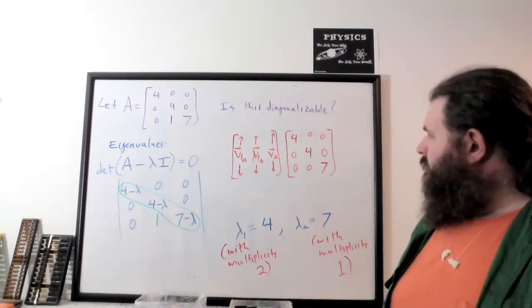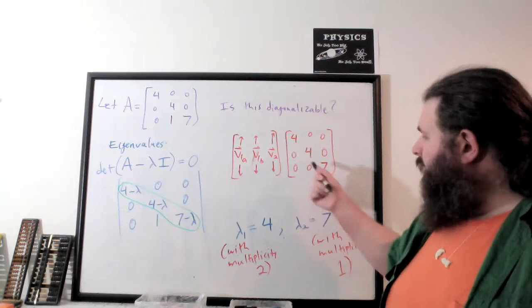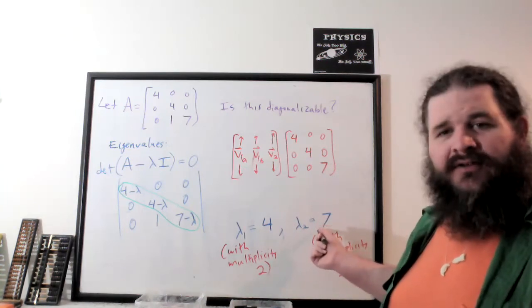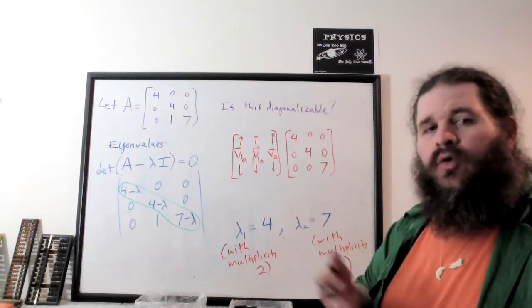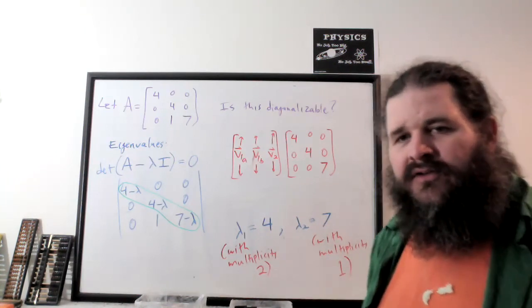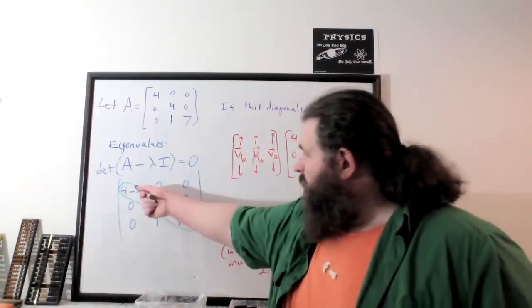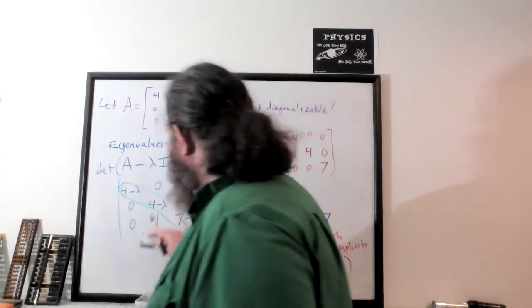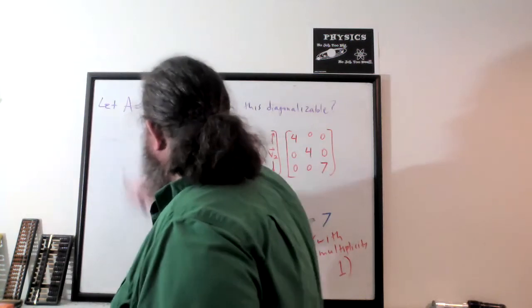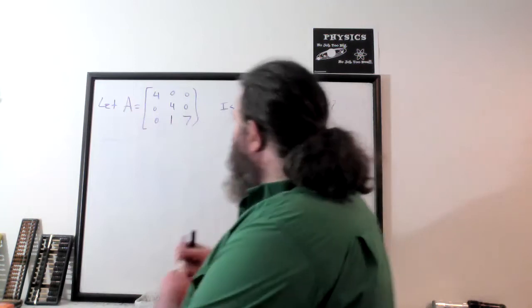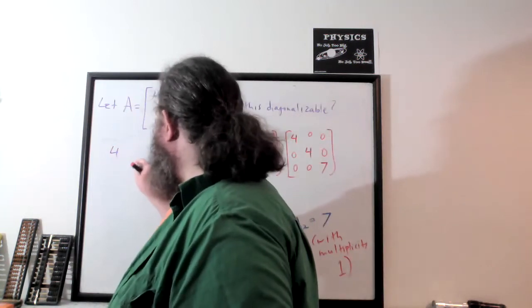So let's try that out. Let's find the eigenvectors by plugging in, let's start with 4, because 7 is going to lead to one type of eigenvector. 4 might lead to one or two dimensions worth of eigenvectors. That's really what we care about. So let's try 4. Let's plug in 4 for lambda in A minus lambda I. We'll write out the A matrix exactly as it is.